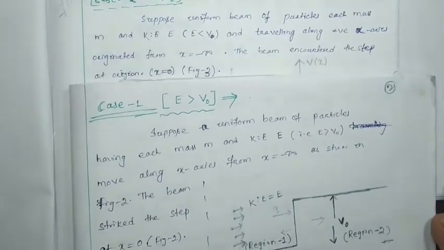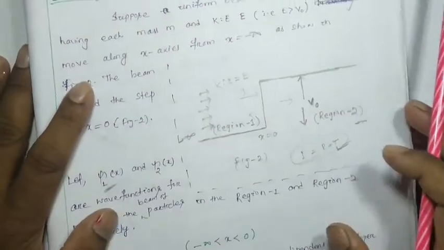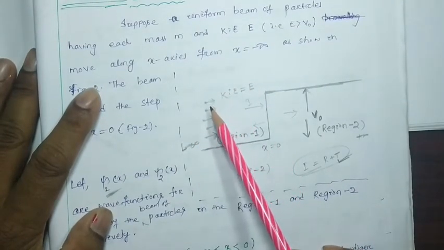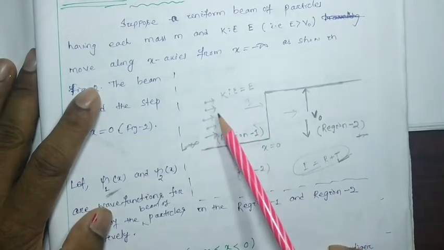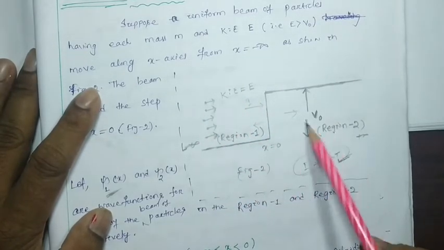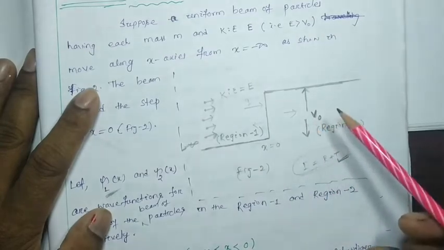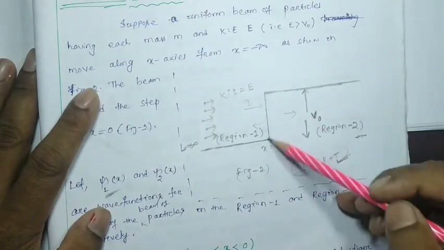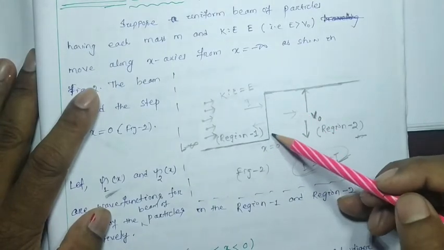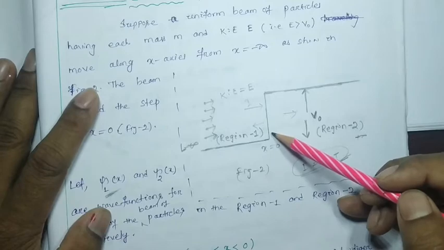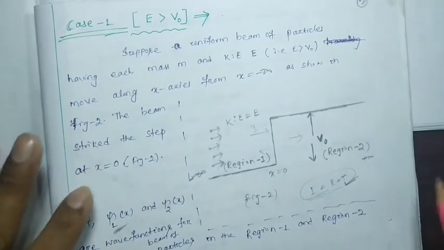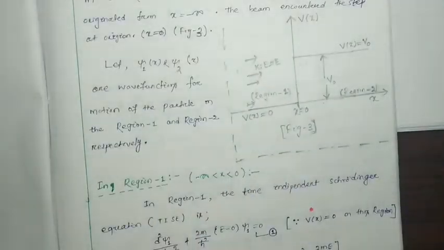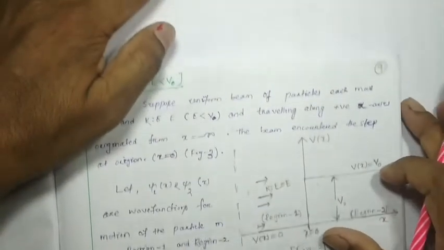If the kinetic energy of this flux is less than that of the potential, then what will be the behavior of the particle at the boundary or interface of this step? So let's start to discuss.